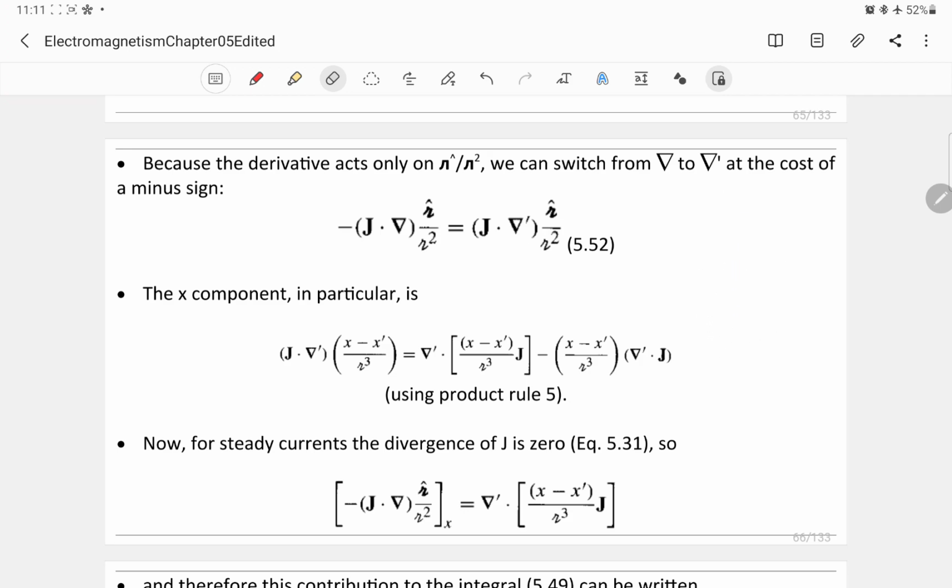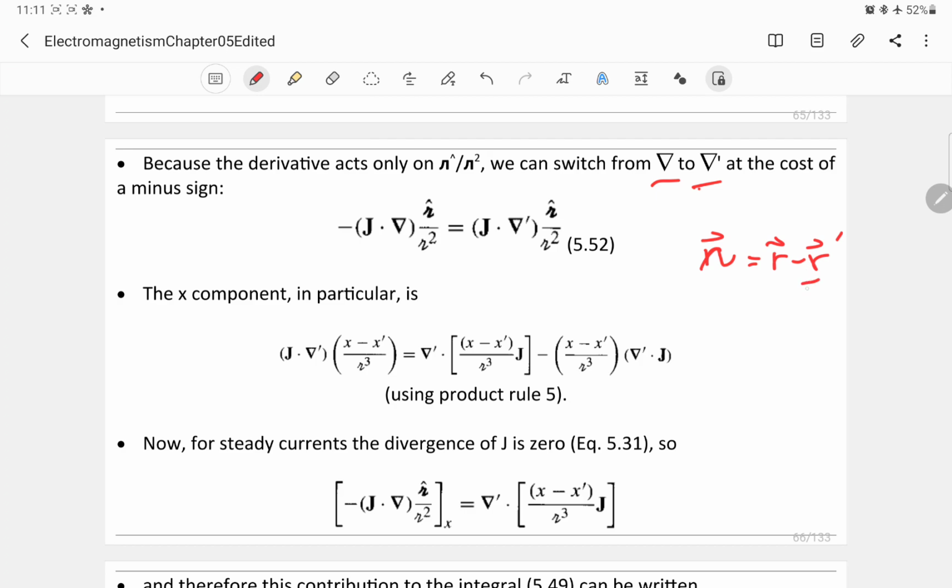So now we can switch the del to the prime del, with of course the minus sign, because you have here your r is just equal to r minus r prime.